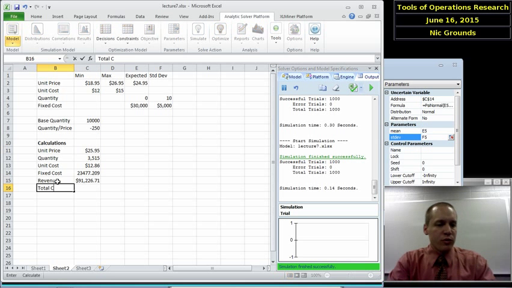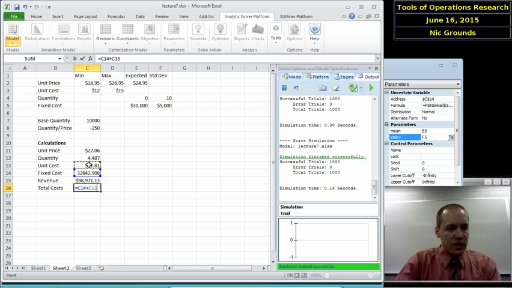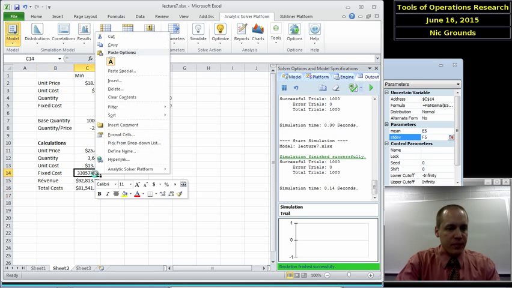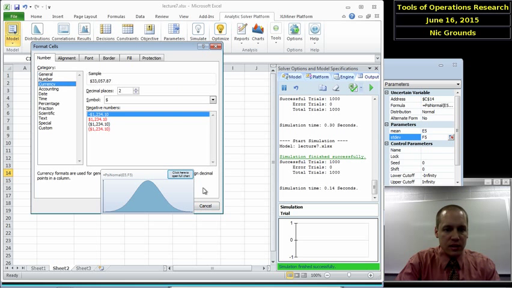I can also compute total costs, which are fixed costs plus the unit cost times the quantity. So for the 4,000 we sell, we have to pay, we think, something like $12.81 per unit plus the fixed costs. Which, by the way, I never made look like a currency.